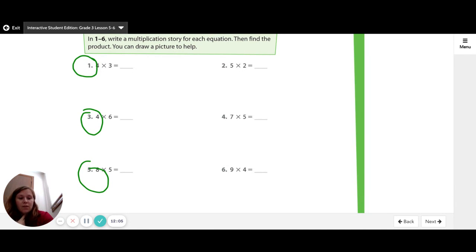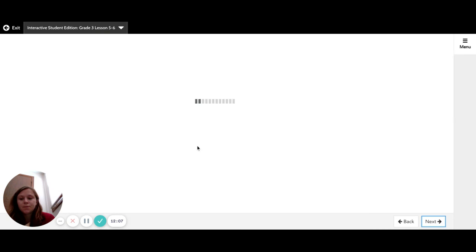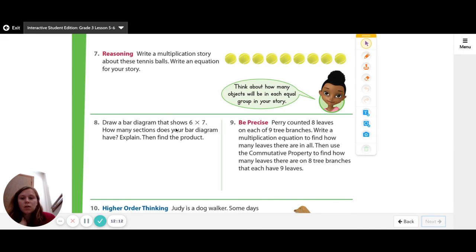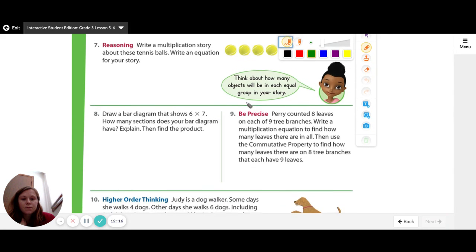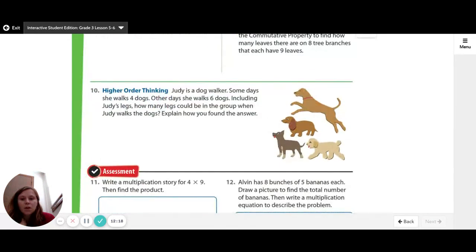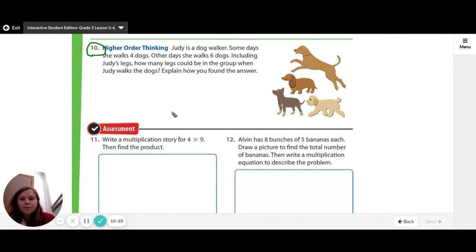So 1, 3, and 5, and then on the next page, I want you to try number 10, 11, and 12, and then you can send me a picture of your homework assignment. Thank you.